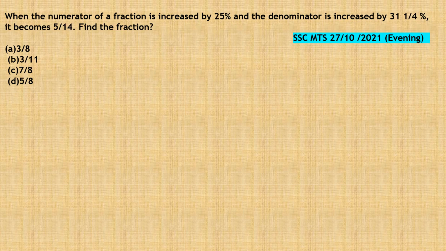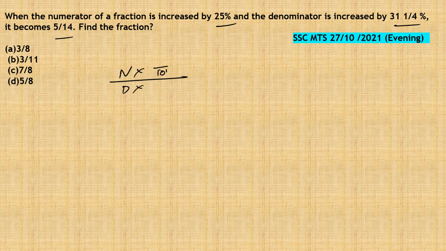When the numerator of a fraction is increased by 25% and the denominator is increased by 31 1 by 4%, it becomes 5 by 14. That means the fraction becomes 5 by 14. The fraction was numerator by denominator, increased by 25%.